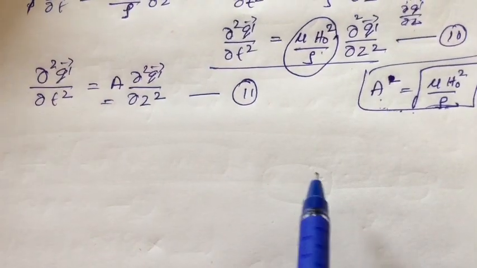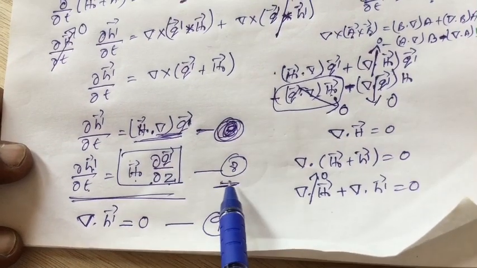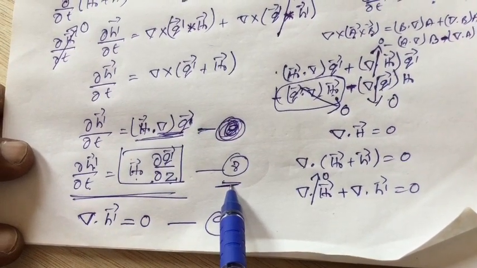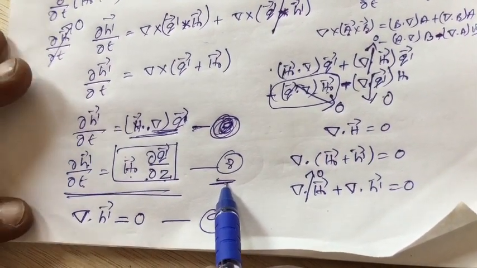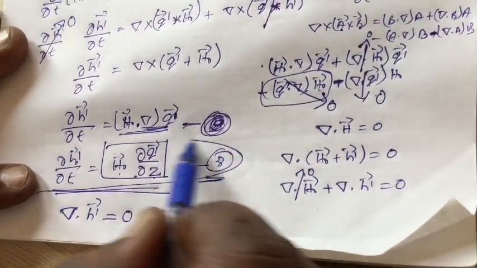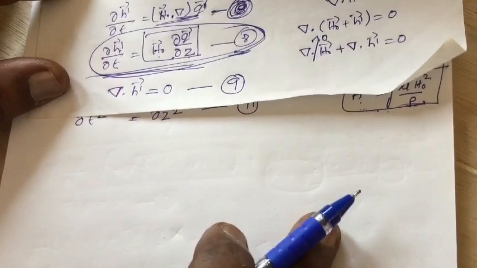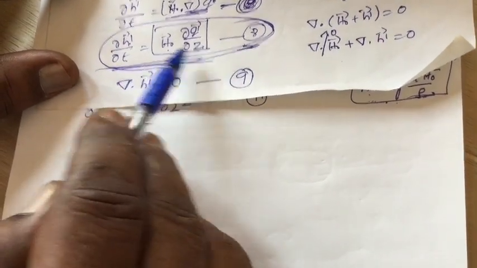Similarly now, differentiate this equation. You substitute this, equation 8, and differentiate with respect to t again on both sides. Then what you are going to get, this is the equation. Now you are differentiating with respect to t on both sides.